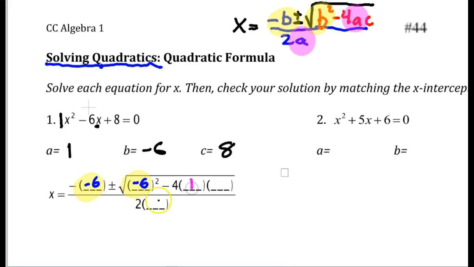So we got 1 and 1. All right, and then I do have a C. There's only one C. So it's two A's, two B's, and then just one C. And that's at the very end. That's kind of easy to remember because C is usually at the end of the problem and it goes in at the end of the formula as well.